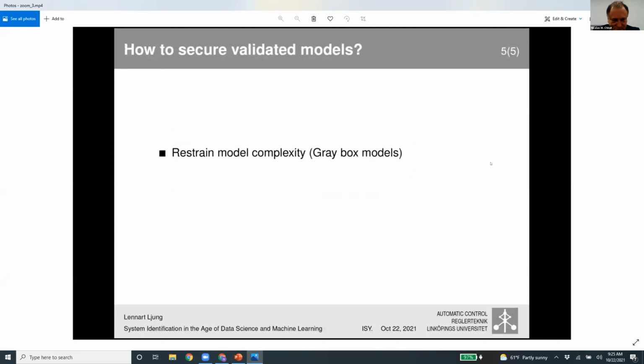So how do we secure validated models? Well, basically, one way is to restrain the model complexity by restricting it to behave according to prior knowledge, which basically means that we build gray box models. The other aspect is to put parameters on a leash by not allowing them to run off unrealistically.